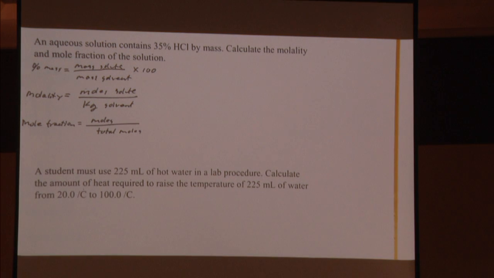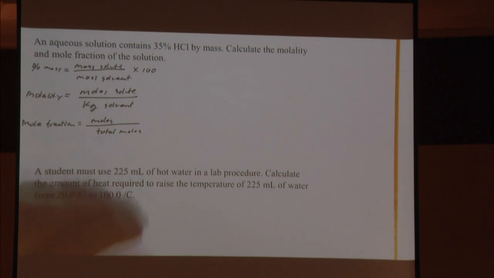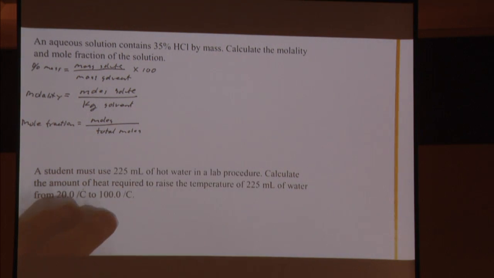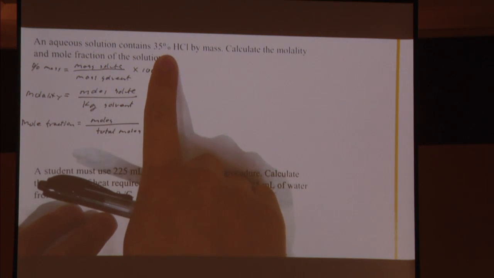For this solution, we're going to assume that there are 35 grams of hydrochloric acid and then 100 grams total of that solution. So this fits our percent mass of 35%.